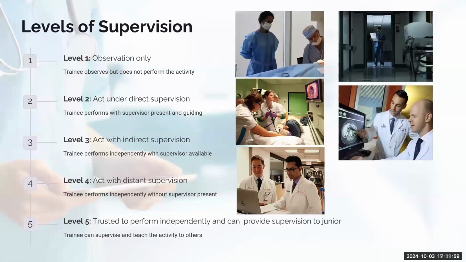Level 4 is when you trust someone to act with distant supervision, and most of the time, they are just about to graduate. And the highest level, number 5, is to trust them to perform not only independently, but they can also provide supervision to junior trainees.